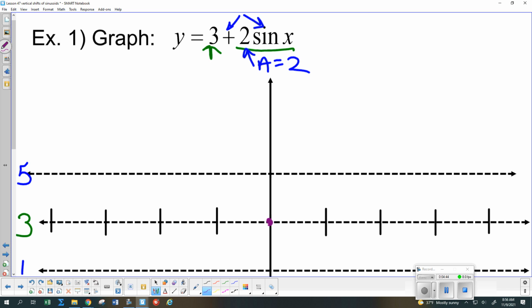So we still do our 4 tick marks each way. And then we draw in our pattern that we go up and then back to the center and then down to the min and back to the center. And over here we go this way. And then we can draw that in.